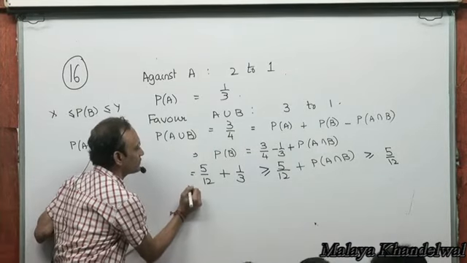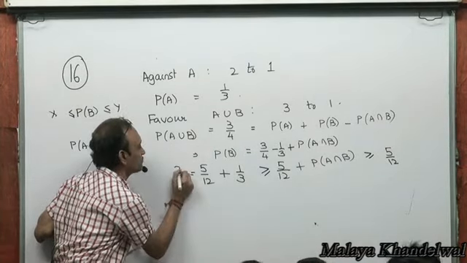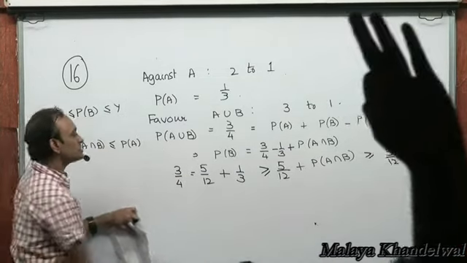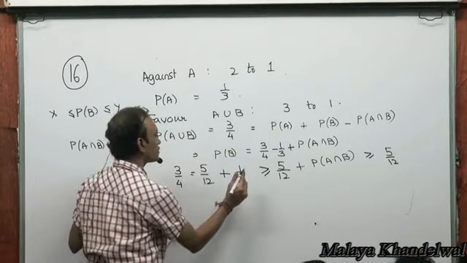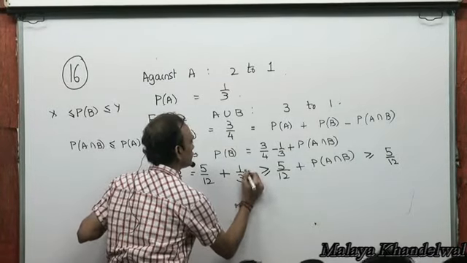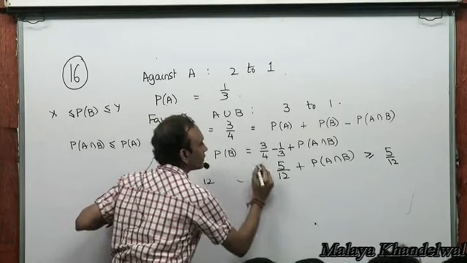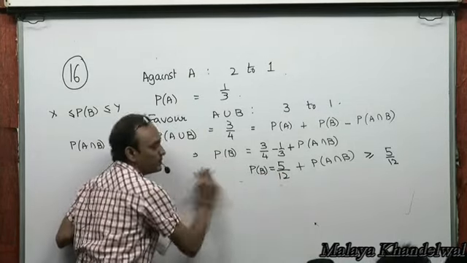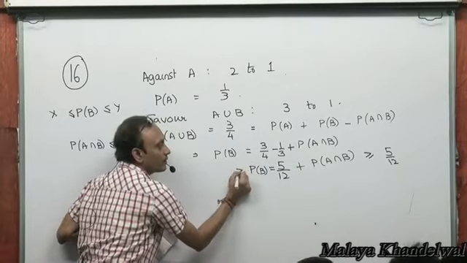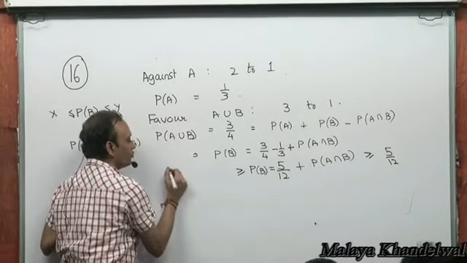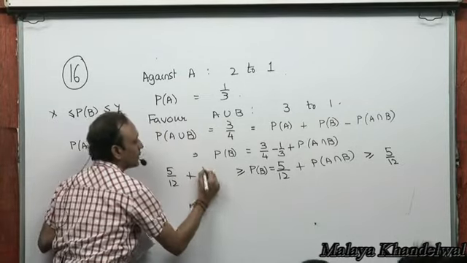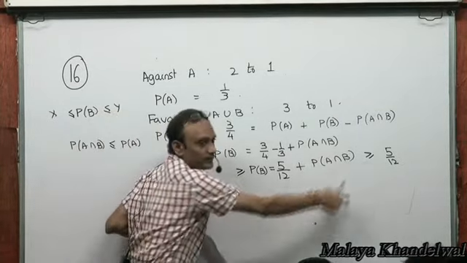So this turns to 3, 4, 9 by 12, 3 by 4. This was all PB. PB, which is this, will always be less than or equal to 5 by 12 plus PA. PA is 1/3.